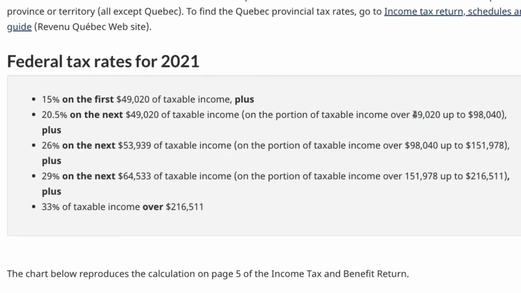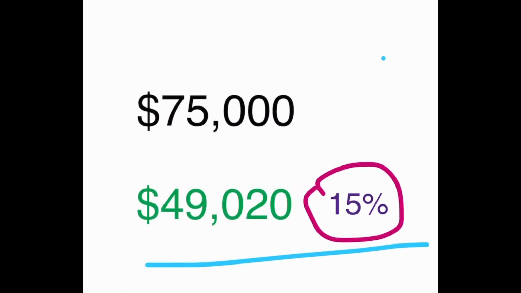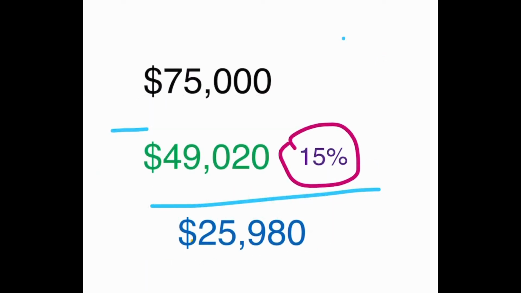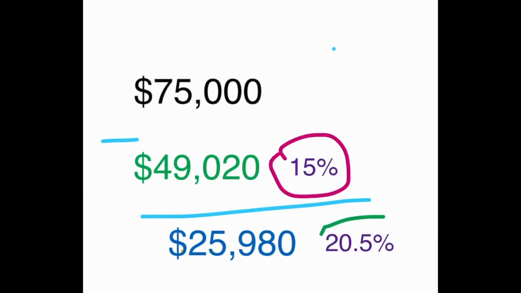Let me give you an example to make it more clear. Let's say your income is $75,000 per year. That means you will be paying 15% on $49,020 of your total pay, and on the rest of the amount, which is $75,000 minus $49,020, equal to $25,980, you will pay 20.5% tax.